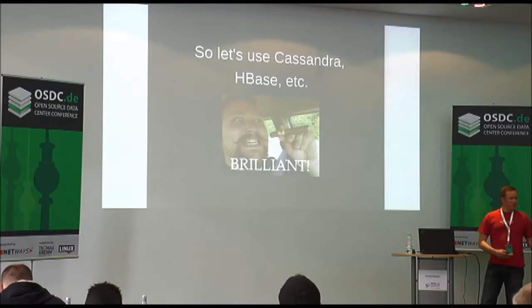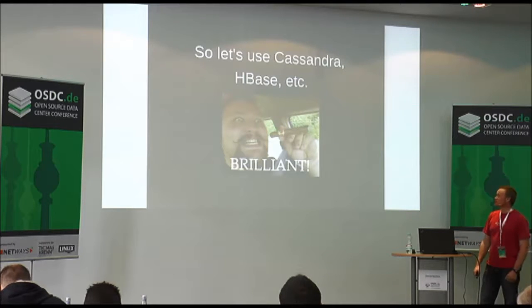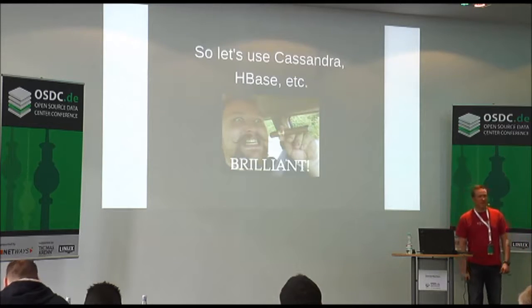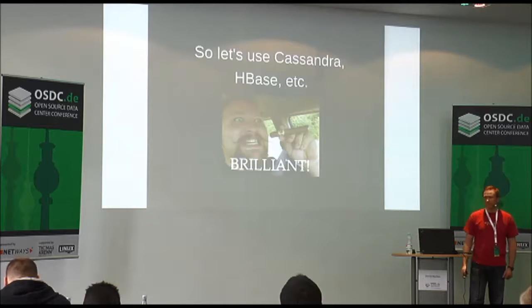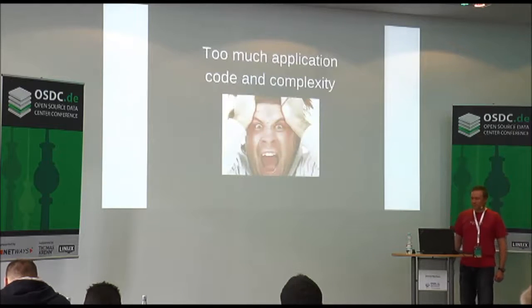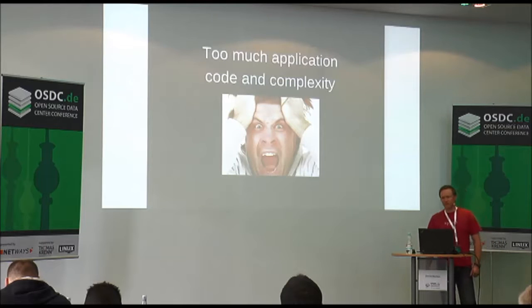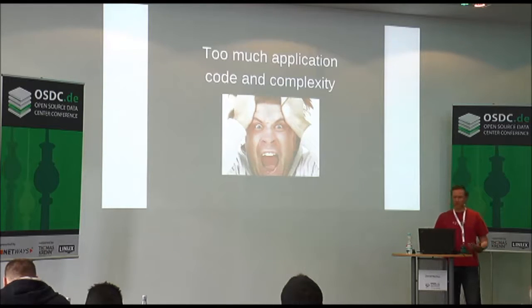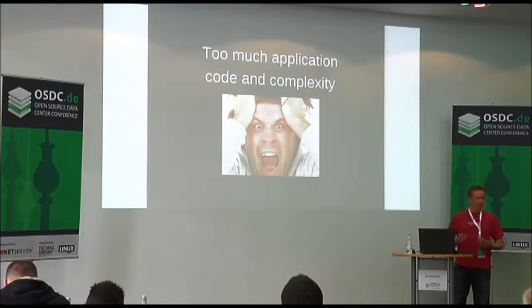Then the next thought is usually, let's use something like Cassandra or HBase or something that's already distributed. But the problem with that is that there's still too much application complexity. And this is actually how Influx got started.